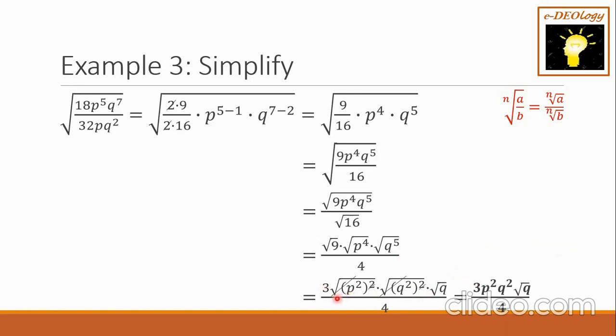For the second term, we cancel the radical with the power 2. And then only the p squared will come here in the final answer. We cancel the radical, also that power 2. Only the q squared will come here. Next is this square root of q we include in the numerator. And then all over 4. So this is our final answer.